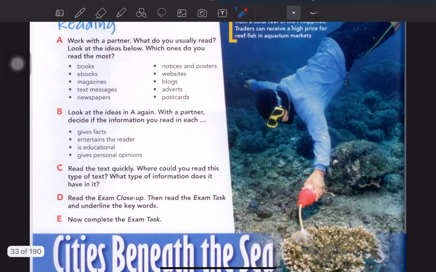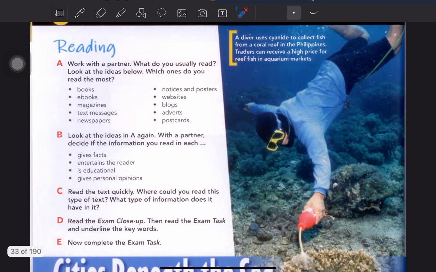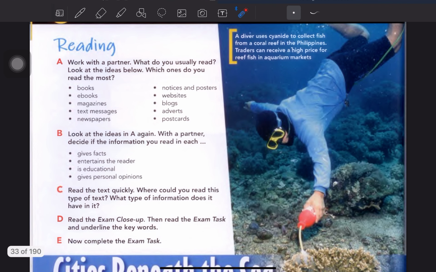Okay, now let's take a look at the caption. A diver uses cyanide to collect fish from coral reef in the Philippines. So this one is a diver. Traders can receive a high price for reef fish in aquarium markets.